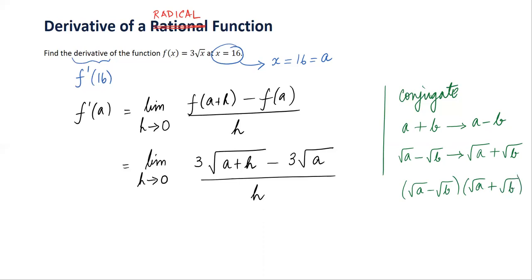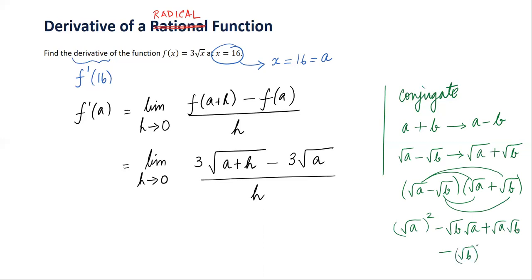And when you do this, you multiply, you don't add them or do other things. You multiply them, and you have to FOIL, okay? Or you can see it as difference of squares. That's an easier way, actually. So you have square root of a times square root of a, which is square root of a squared, minus root b root a plus root a root b minus root b the whole squared.